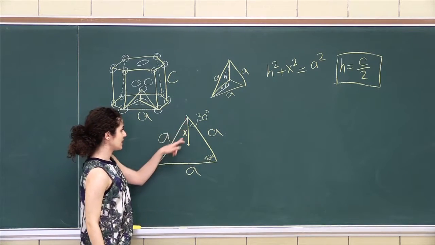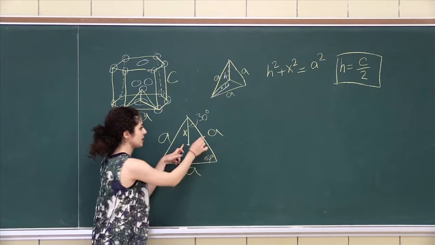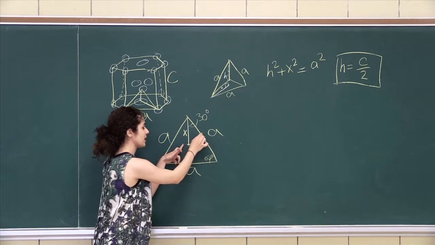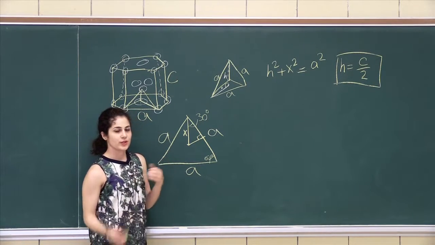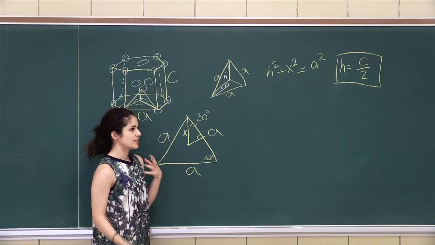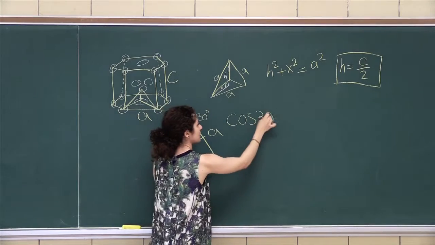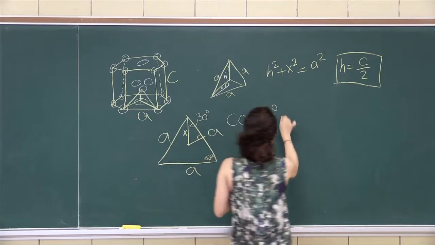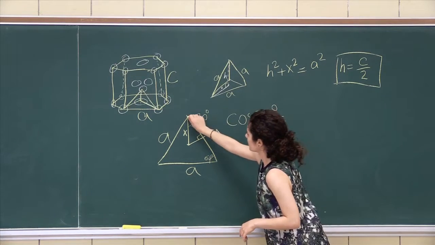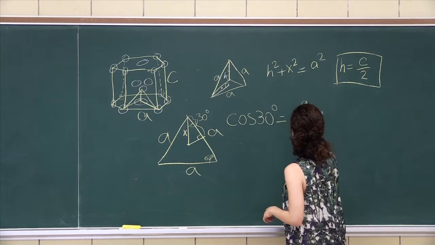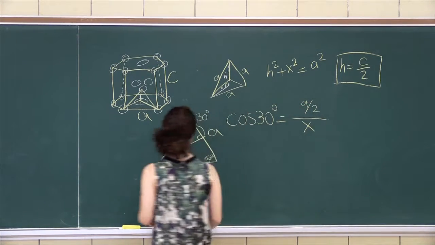So to find what this is, I'm going to extend a line halfway through the A towards the center, making this a right triangle. And if you know your sine, cosine rules, you can see that cos 30 is, so SOH CAH TOA, A over 2, which is this little section, all over X, adjacent over hypotenuse.